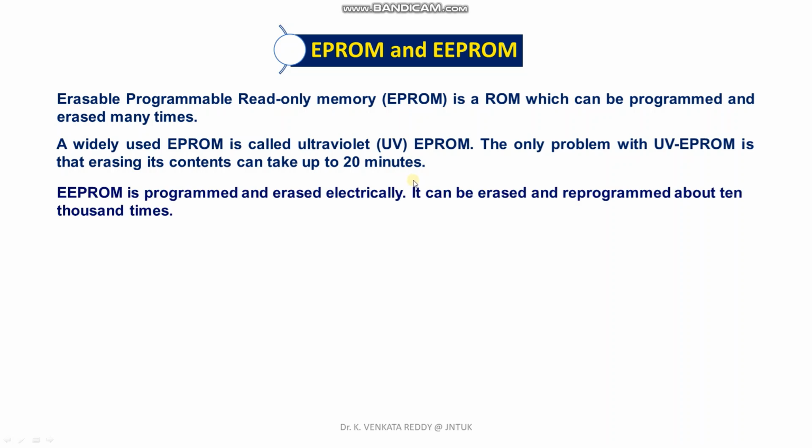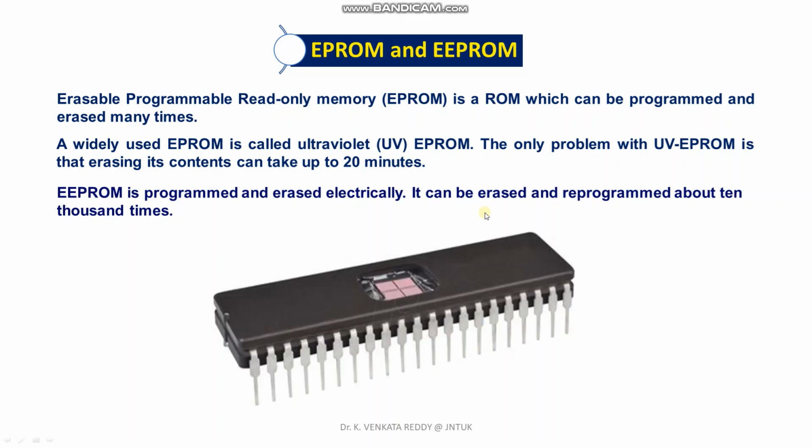Later, to reduce the time of erasing, an electrical erasing process was introduced. These are called electrically erasable programmable read-only memories, EEPROMs. With the help of electrical erasing and programming, they can be reused thousands of times, and reprogramming takes less than a second.